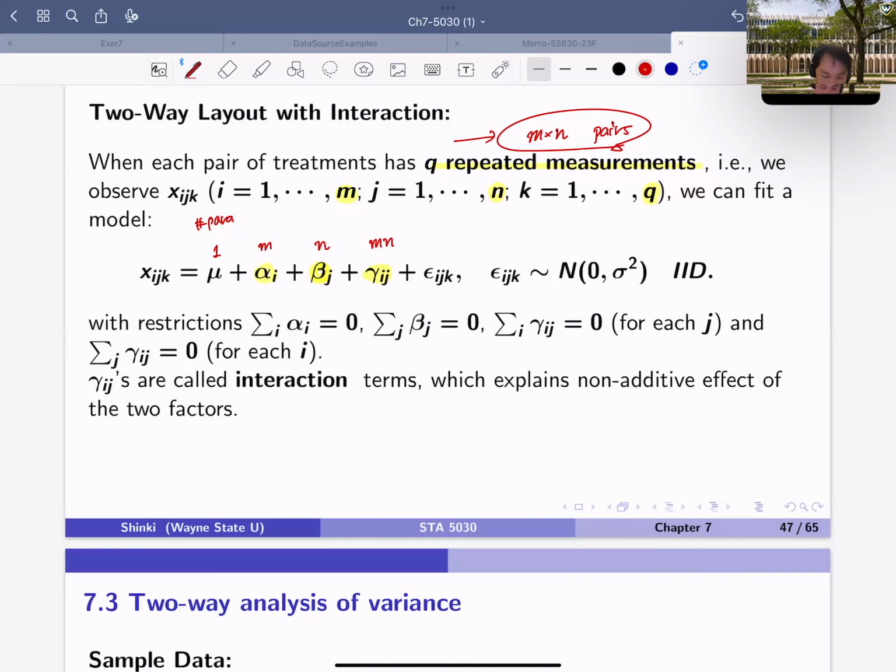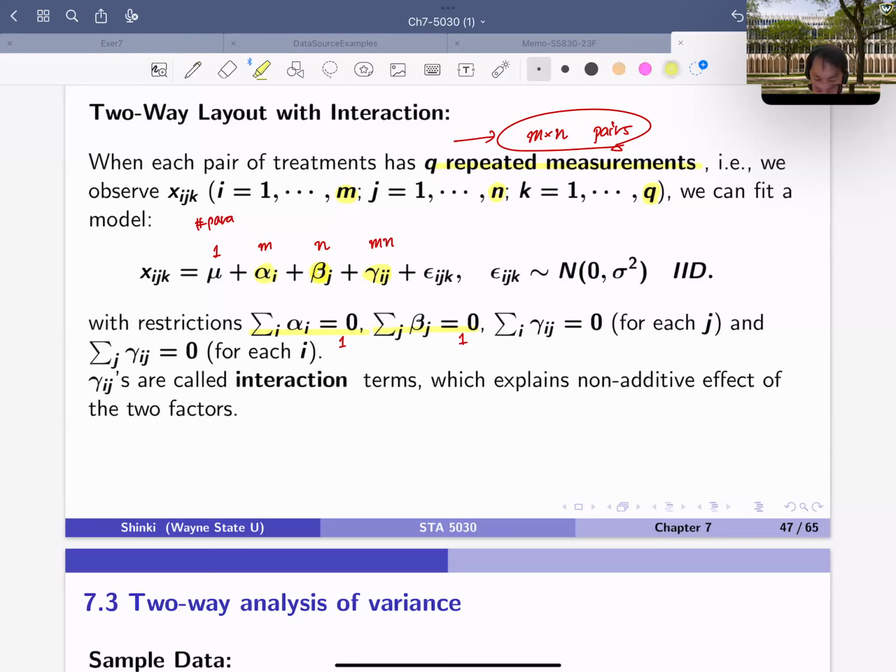So something is redundant, and we have to set some restriction, such as the summation of alpha i equal to 0 and the summation of beta j equal to 0. It reduces the number of free parameters.